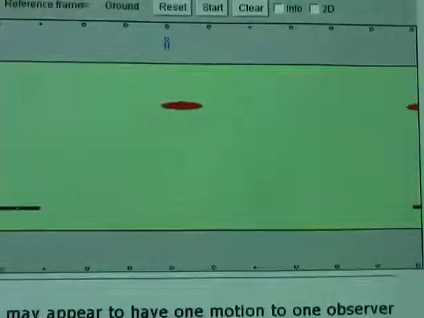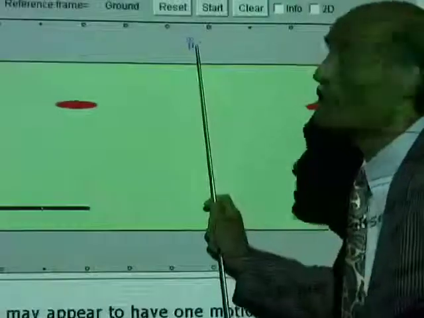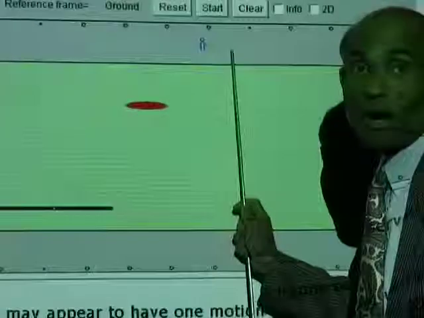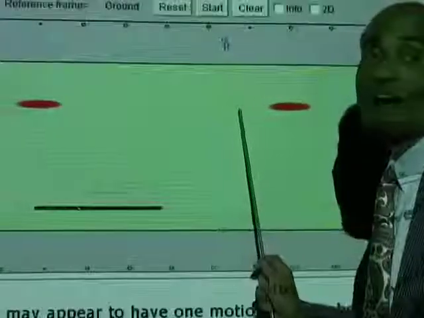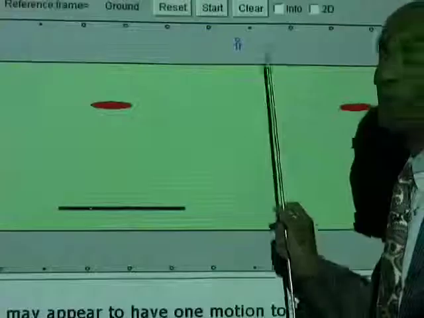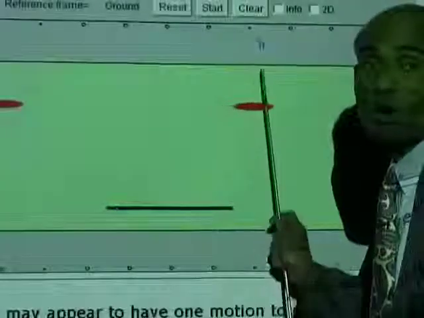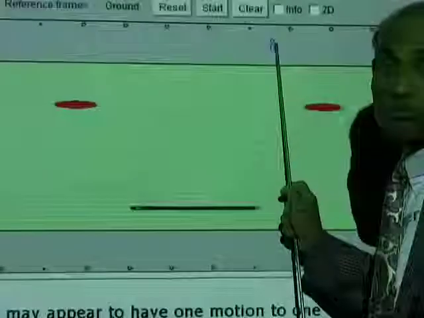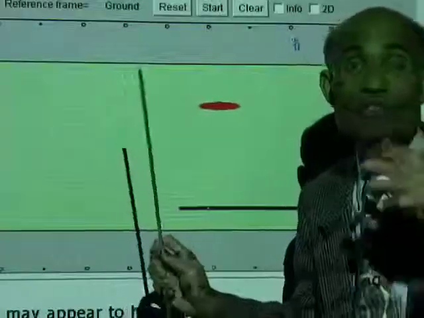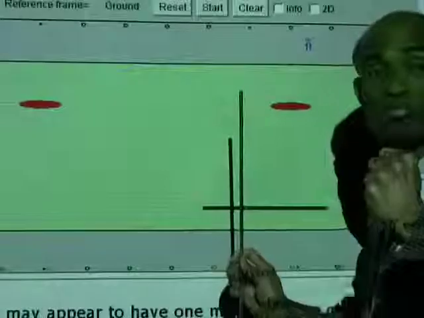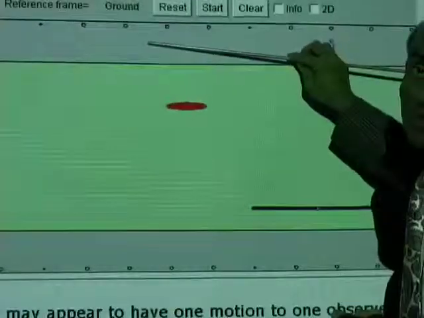Alright? Now, tell me again. When we observe from outside, what is the velocity of the man? 1 meter per second i. What is the velocity of the boat? 5 meters per second i. Alright, now I want to find the relative velocity of the boat with respect to the man. That means the man is now the frame of reference. So what do we do? Bring the man to a stop by applying 1 meter per second in the opposite direction.